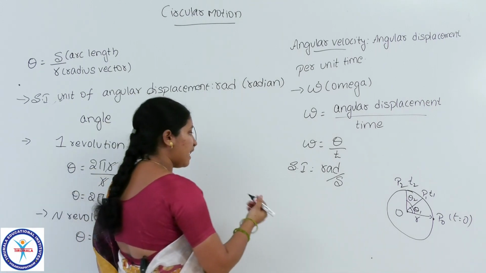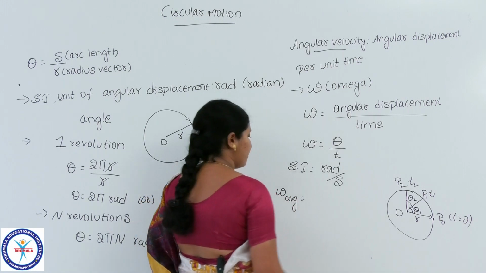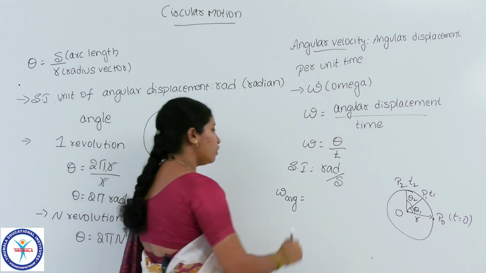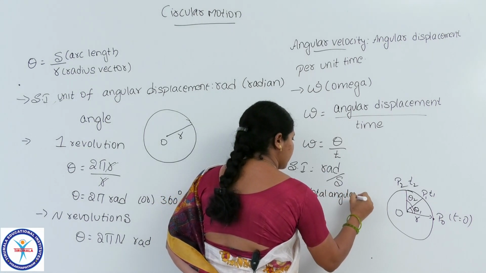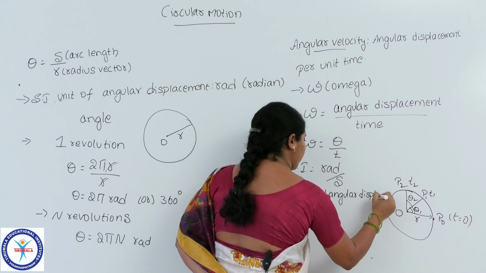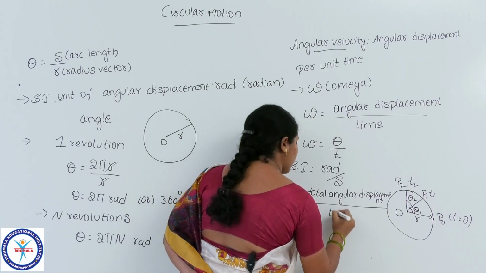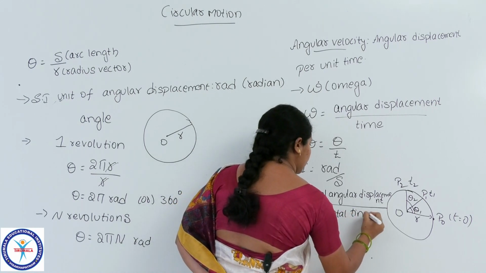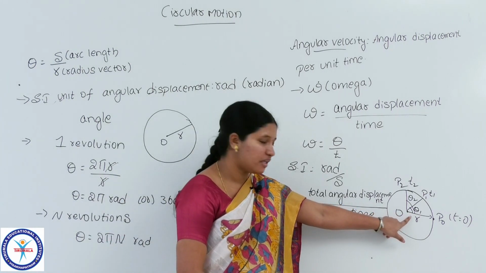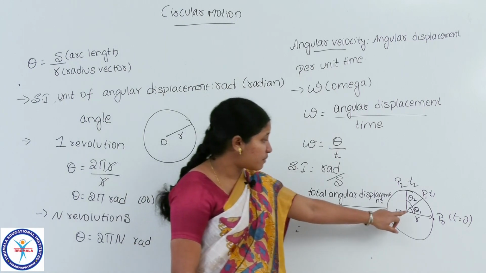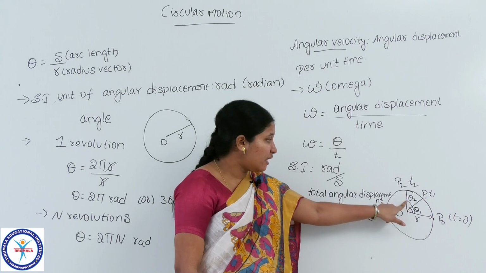Now how can we write average angular velocity? Average angular velocity is equal to total angular displacement by total time taken. Here from the figure, what will be the total angular displacement? Within the time interval t1 it has made an angle of theta 1, and within the time interval t2 it has made an angle of theta 2.